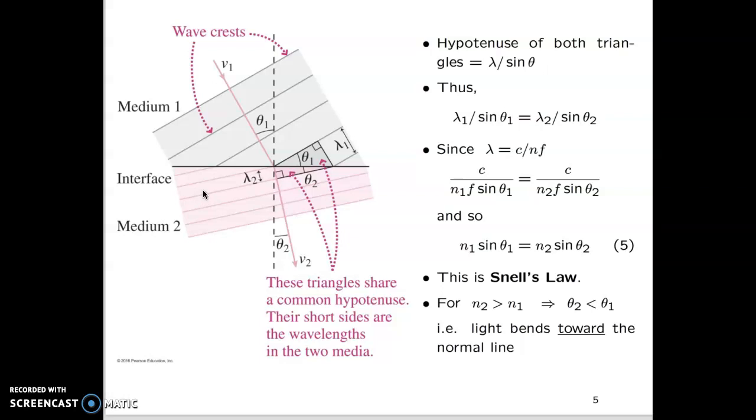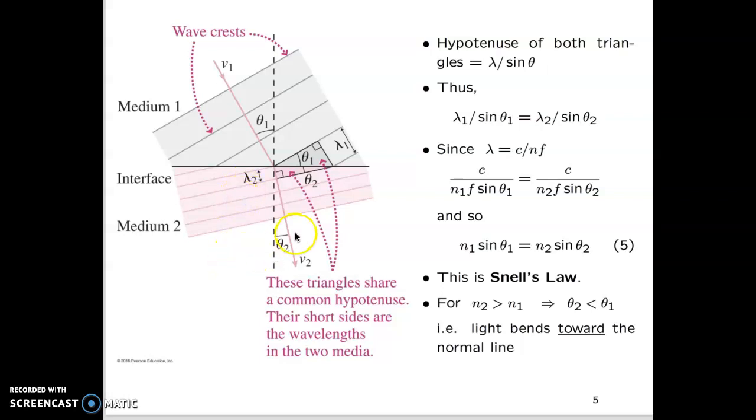How do we know it's traveling slower? Because, at least in this illustration, the wavelength, the distance between the lines which represent the crests, is smaller. Lambda 2 is smaller than lambda 1. Okay? We could have considered a case where lambda 2 was greater than lambda 1, but this is the case we're going to consider for now.